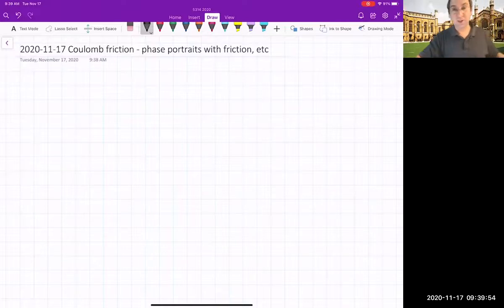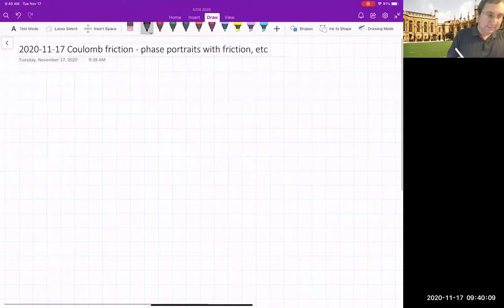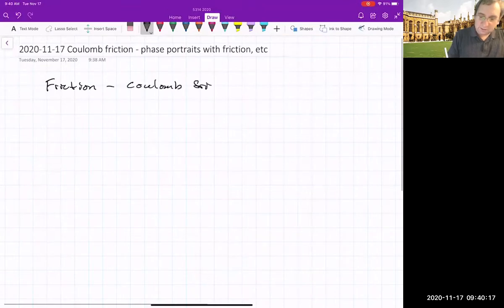We're going to talk about friction so that we can do some things with friction. We could talk about Coulomb's experiments. There are different models of friction. In fact, people study friction in a big way.